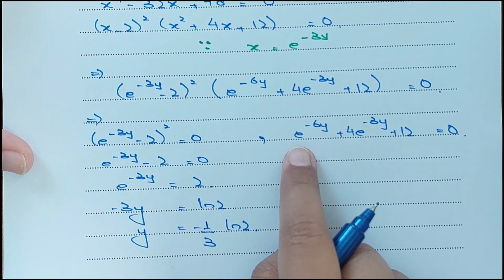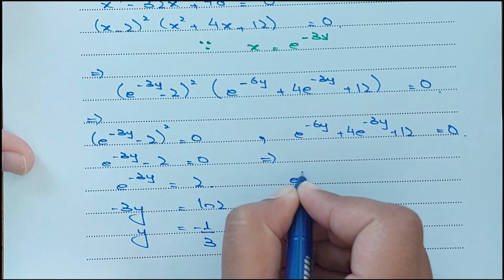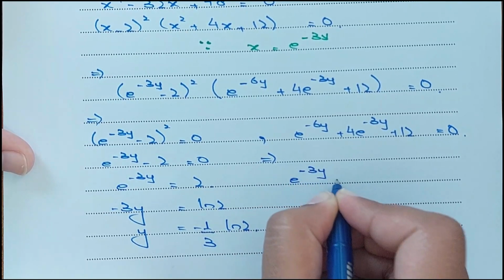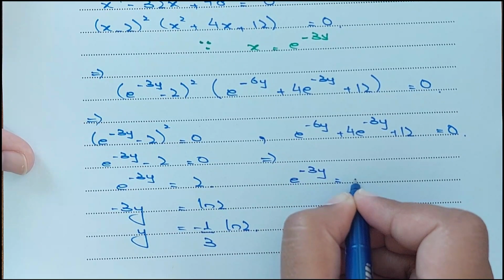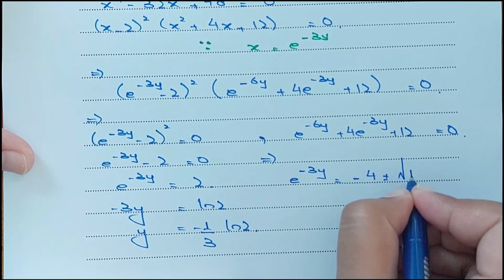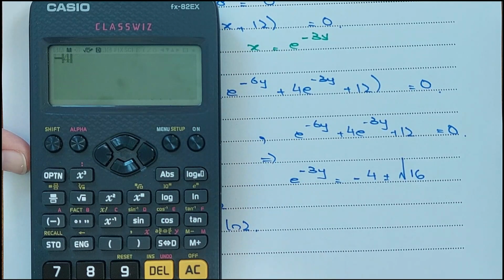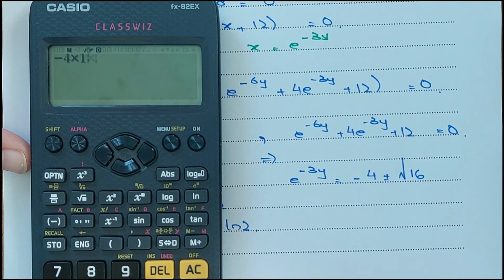If I use the quadratic formula, e power minus 3y should equal minus b plus or minus square root of b square, 4 square is 16, minus 4ac. So minus 4 times, the a value is 1 and the c value is 12.